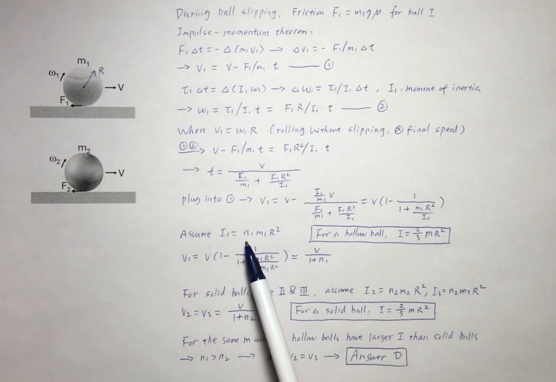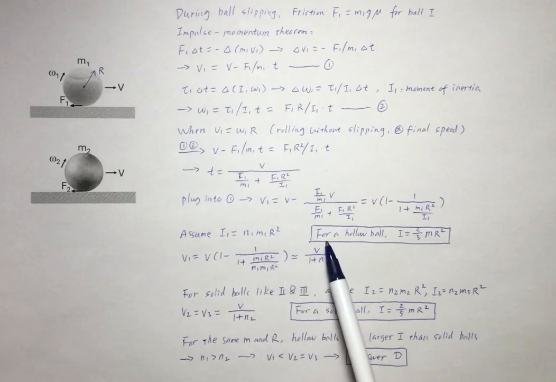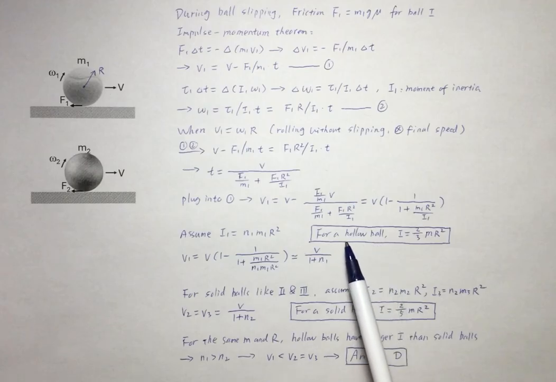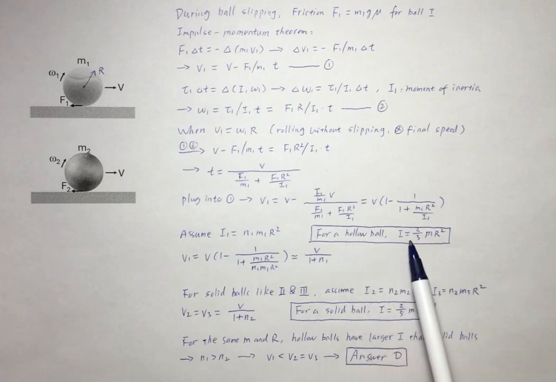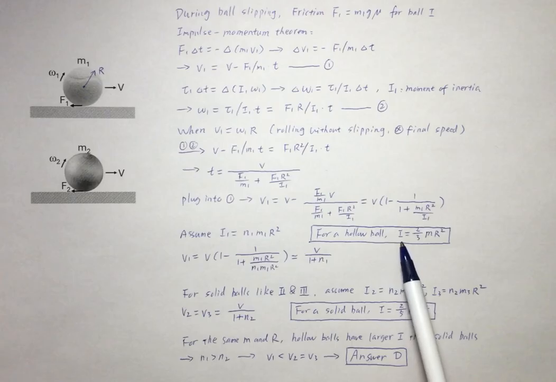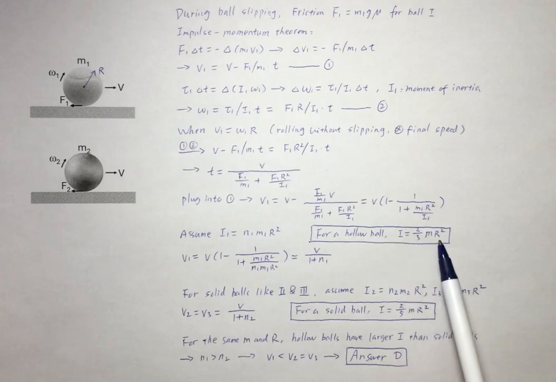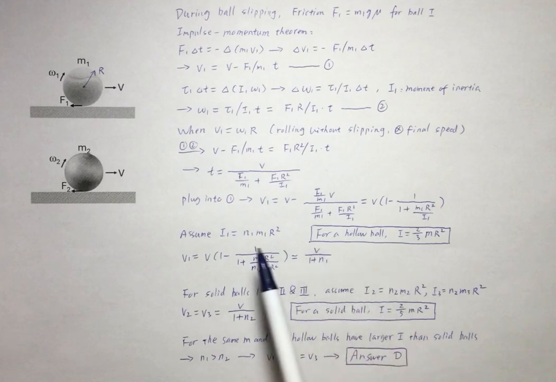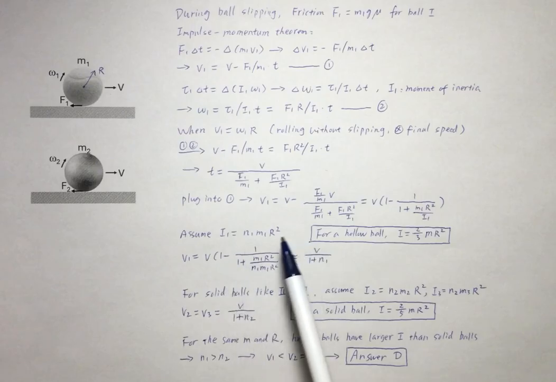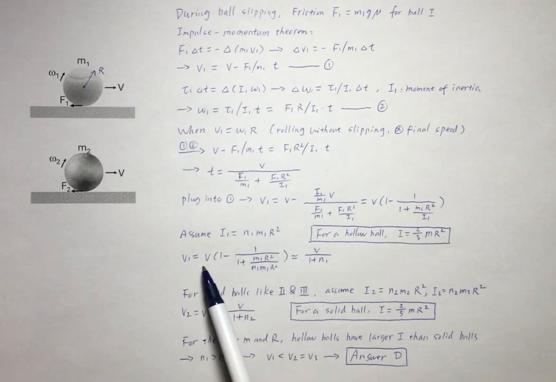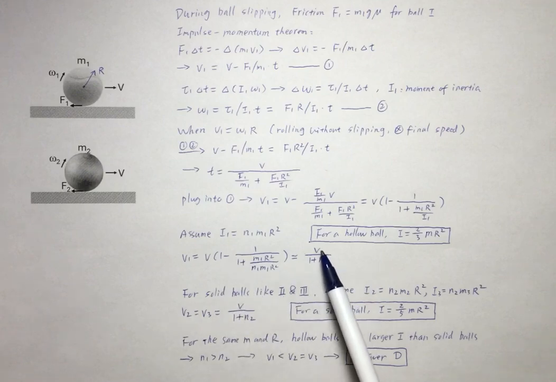In a later tutorial, I can show you how to use the integral method to calculate the moment of inertia of a hollow ball, and it's 2/3 M R squared. So for the hollow ball, we have n1 here. Then we plug this into the v1 expression. Eventually v1 is calculated to be v over 1 plus n1.